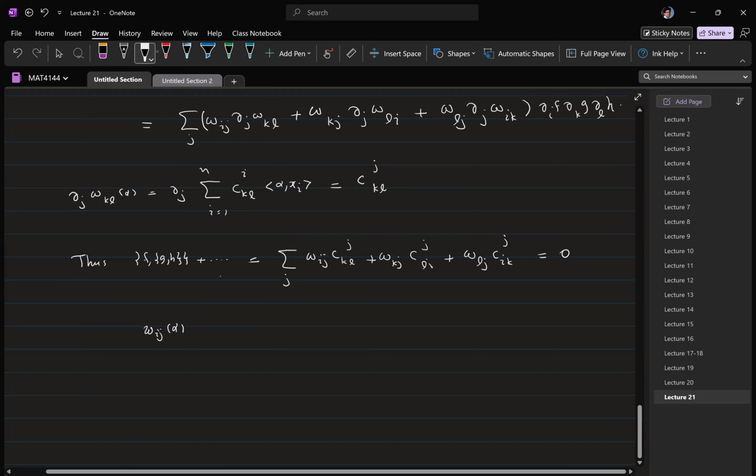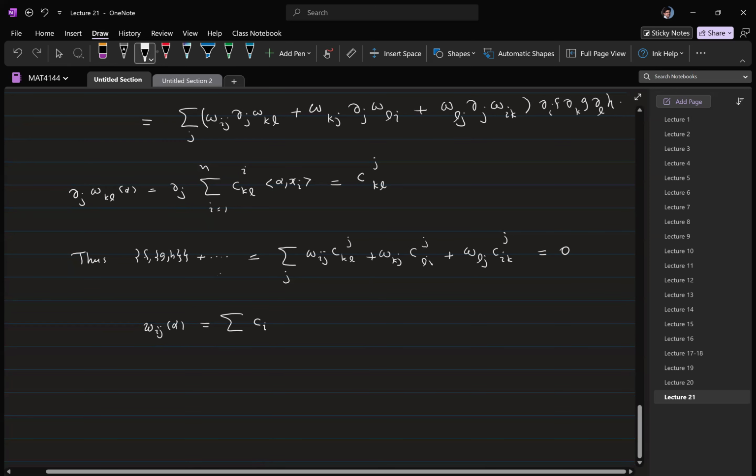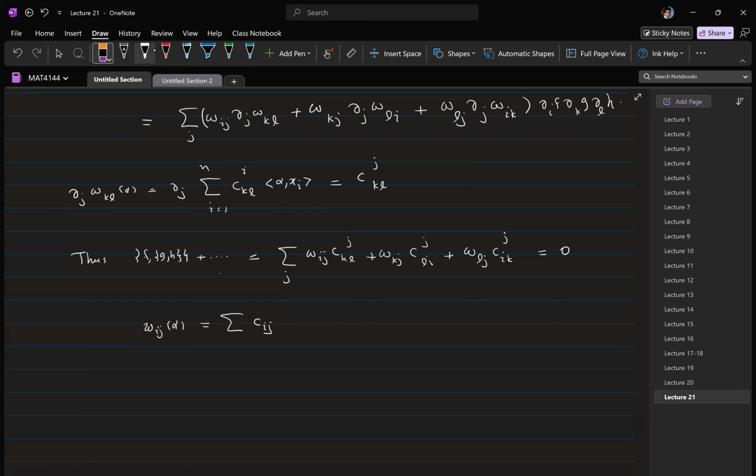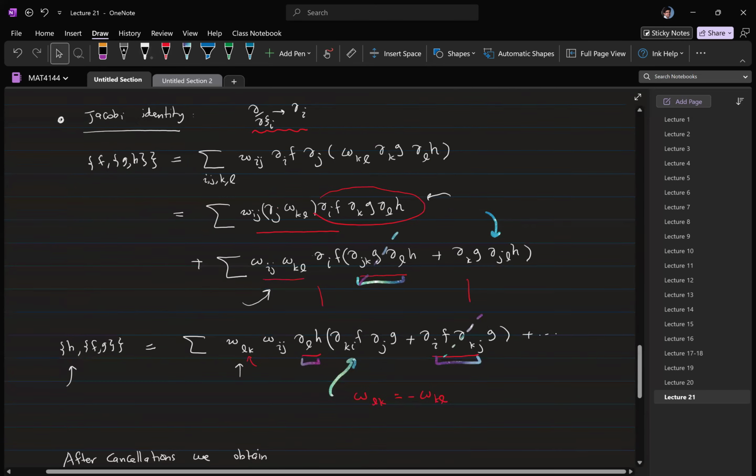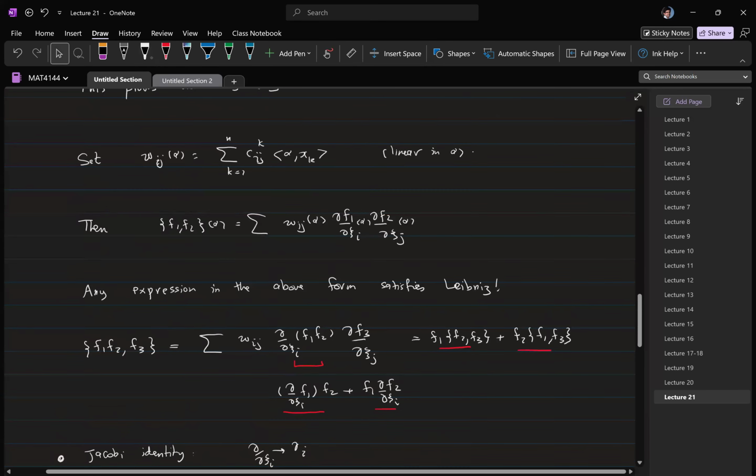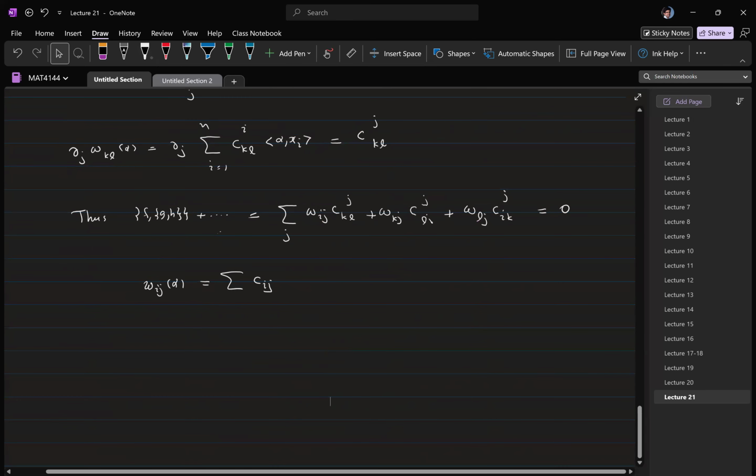So Wij alpha is sigma Cij alpha xi. Now I have to make sure that I again don't mess up the indices, so I'm just copying from up there. Maybe I should use some index u: Ciju alpha xu.